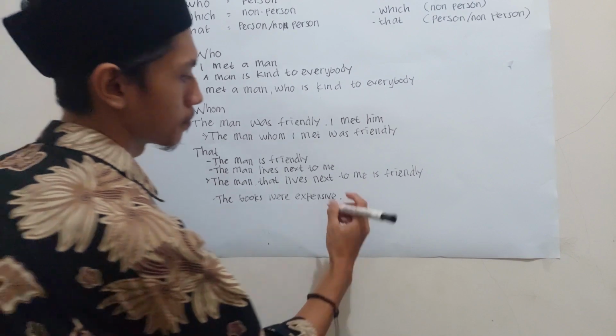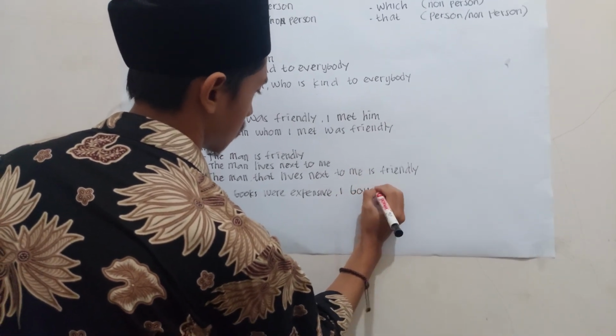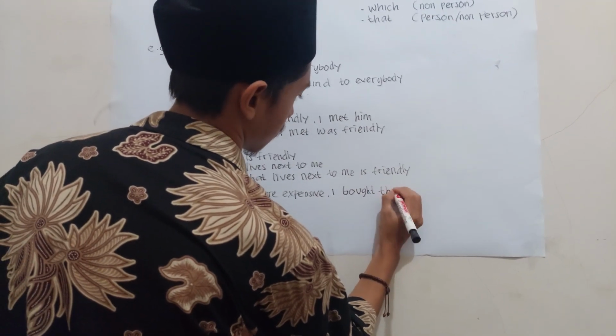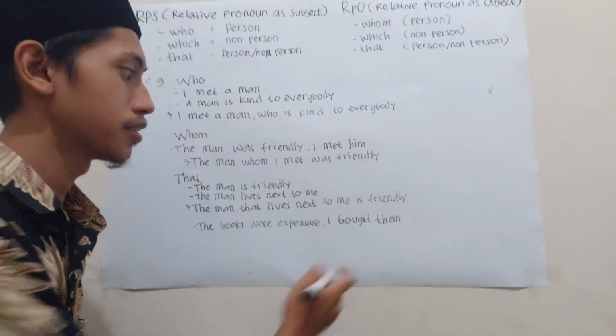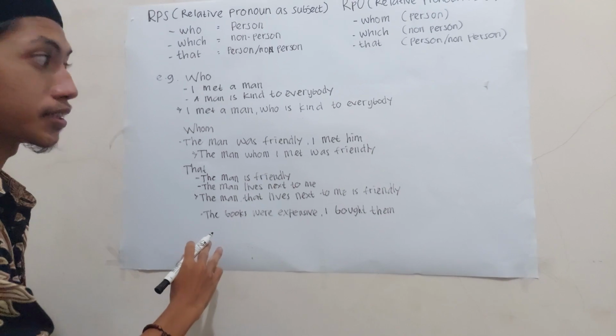I bought them. So that's an example for an object. The books are things.